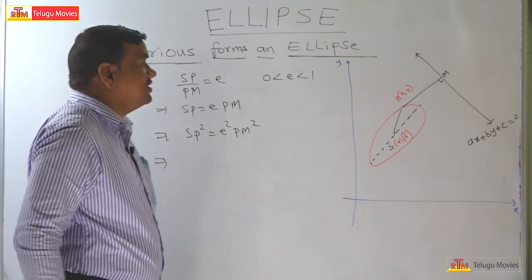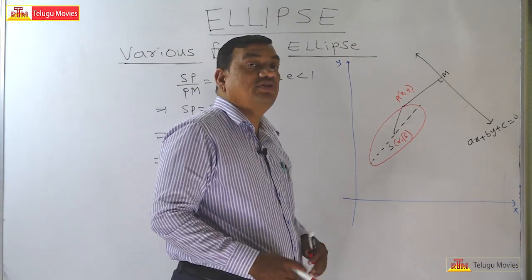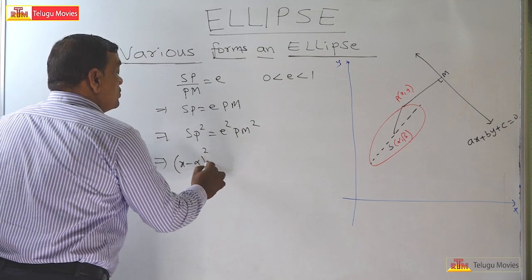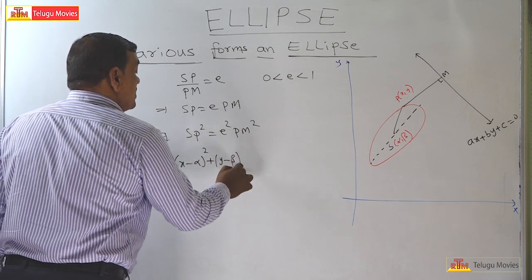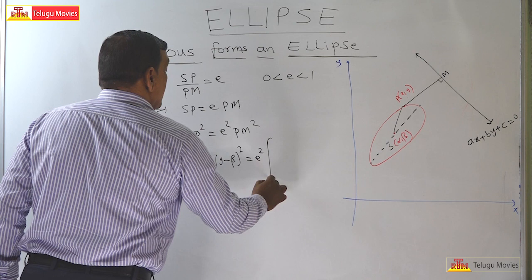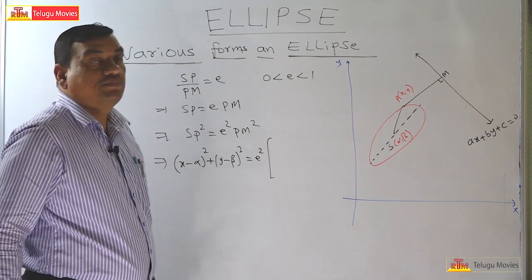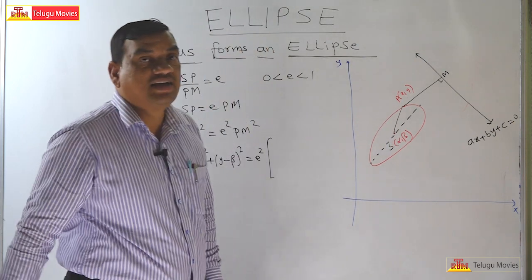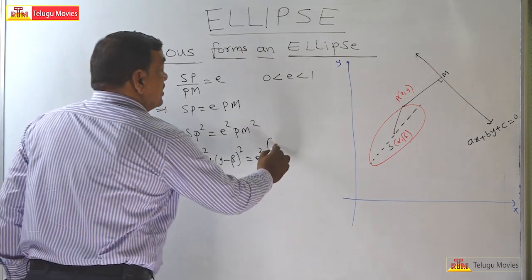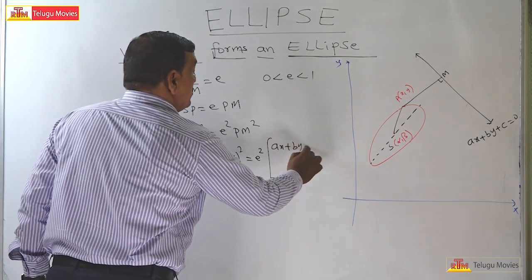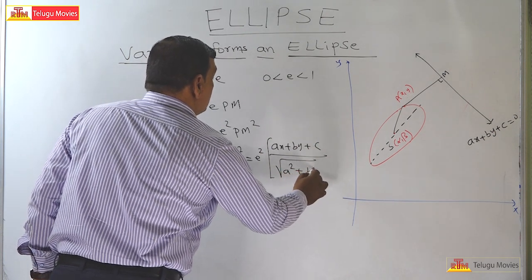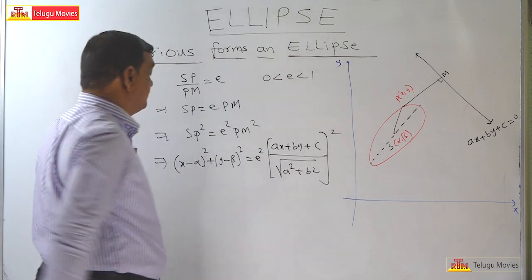So SP square means what? Distance between S and P without square root. So that is equal to (x minus alpha) whole square plus (y minus beta) whole square is equal to e square into PM square. PM is what? Perpendicular distance from P to the line ax plus by plus c. So that is equal to (ax plus by plus c) by under square root of a square plus b square, of course, whole square.